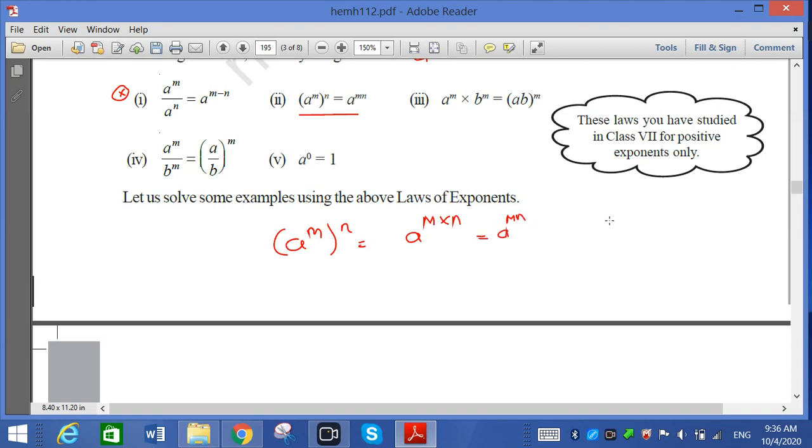If I write 2 to the power 3 to the power 4, I have to write 2 to the power 3 into 4, that is 2 to the power 12. P to the power 2 to the power 3, then I write p to the power 2 into 3, that is p to the power 6. That is the way you have to do this.